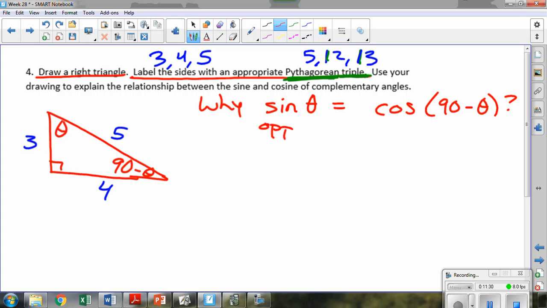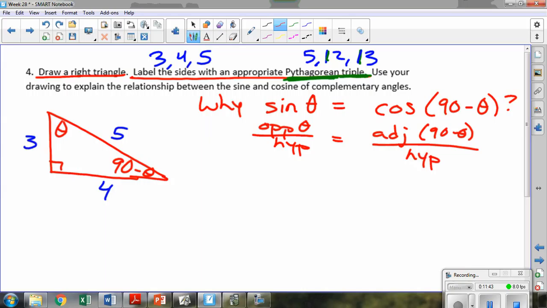Recognizing that sine is opposite over hypotenuse, and cosine is adjacent over hypotenuse, what are they? What is the side length that's opposite of theta? What number? That's 4. And the hypotenuse is 5.